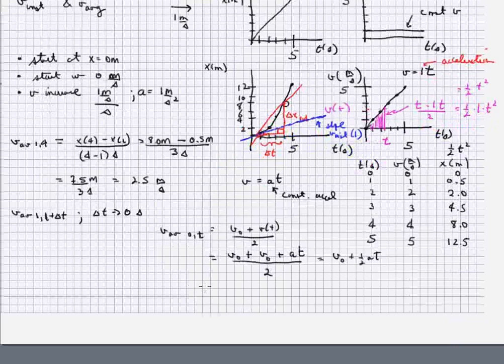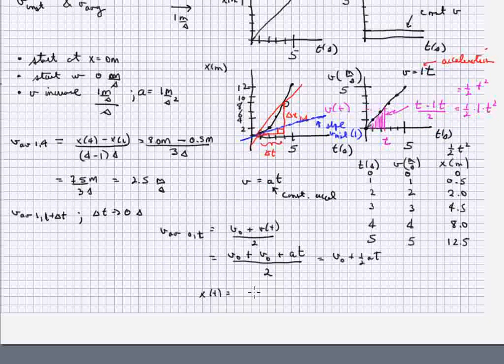And I know from the first kinematic equation that x of t is equal to x0 plus the average velocity times the time.